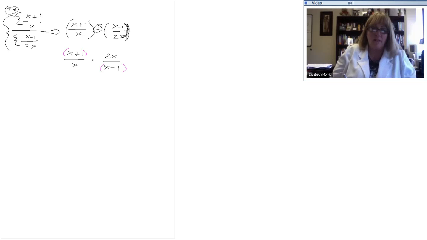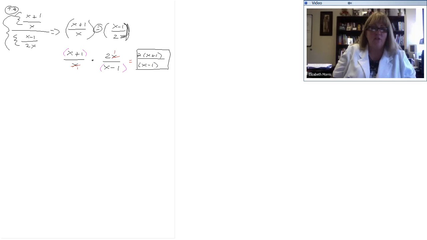So basically, the only thing I can do to reduce would be this x and that x, which makes your answer x plus 1 times the 2 over x minus 1. And that's as far as you can go.